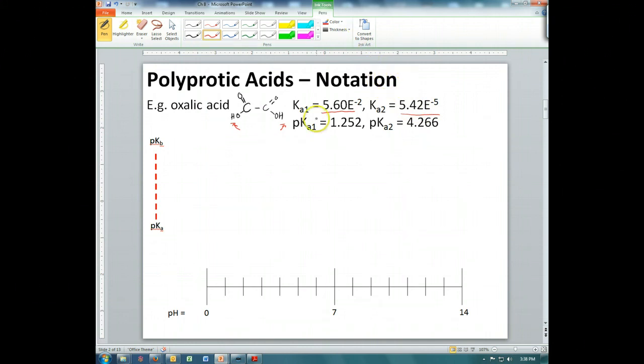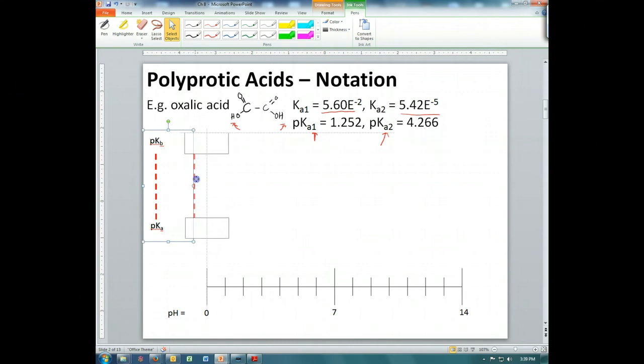Now, let's work through the notation here a little bit. You can see that pKa1, this is, unsurprisingly, the first one to dissociate. Now, obviously, it could have been either of those two protons. pKa2 would be when the second one dissociates. And if we were to try to position them along a number line, you can see that we're going to have one at 1.25 and one at 4.27.